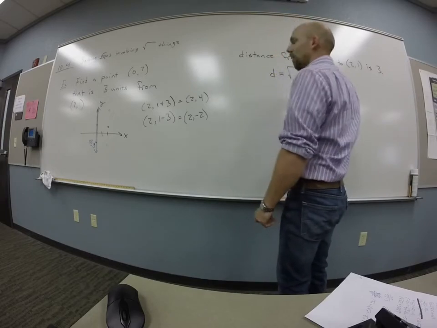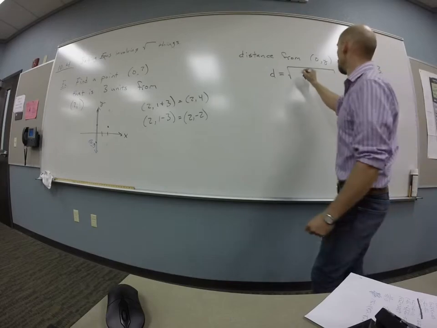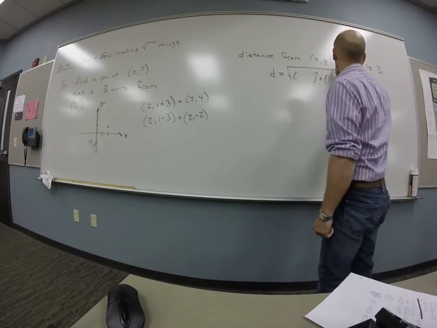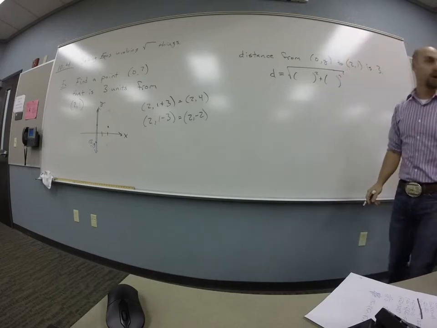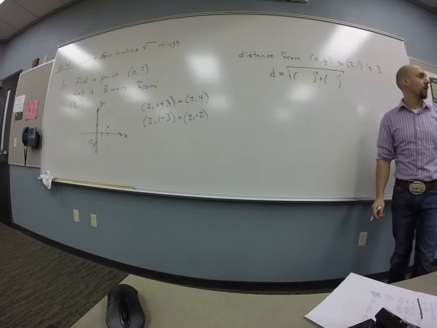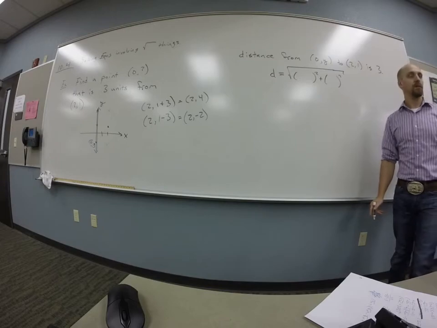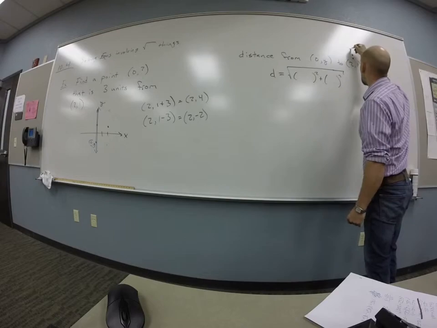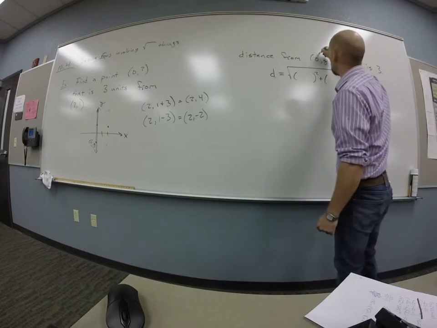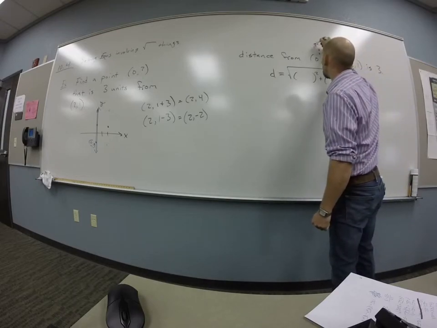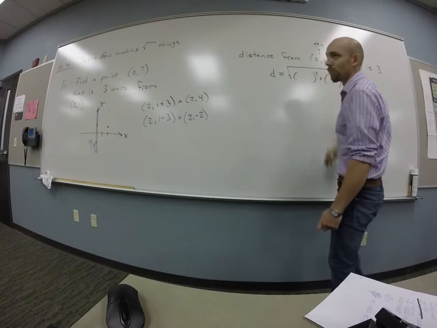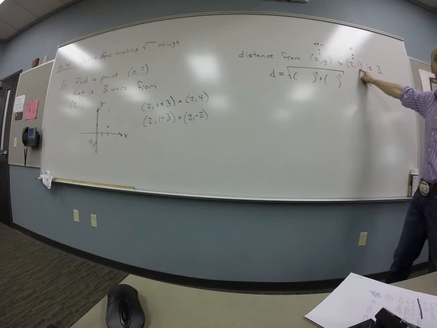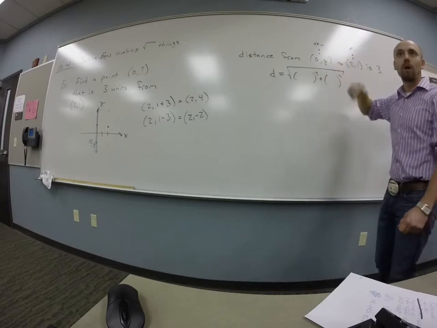d is the square root of stuff, right? So what are playing the x values here? 2 and 0. So maybe this is going to be point 1 and this is going to be point 2, right? So really I'm thinking x1, y1, x2, y2.